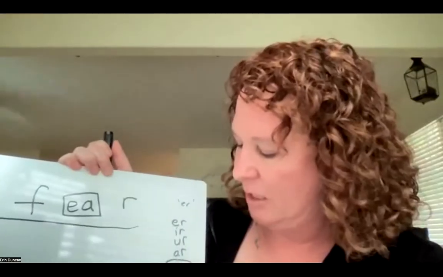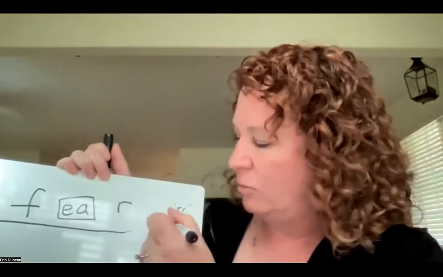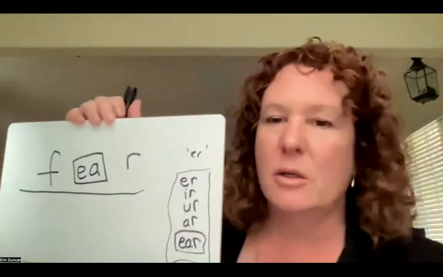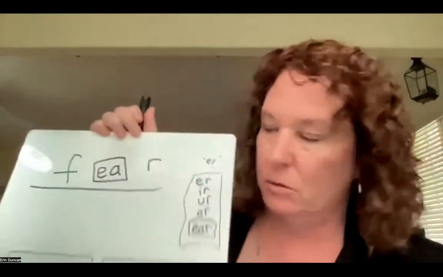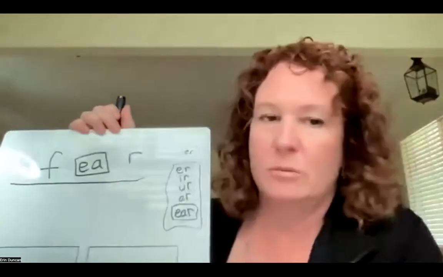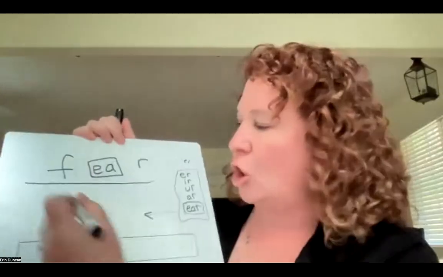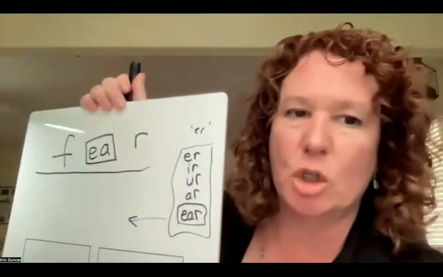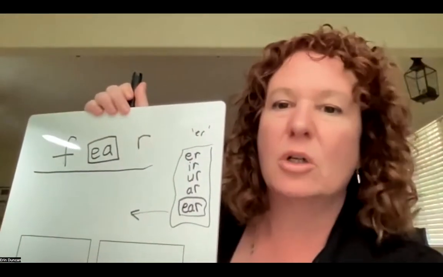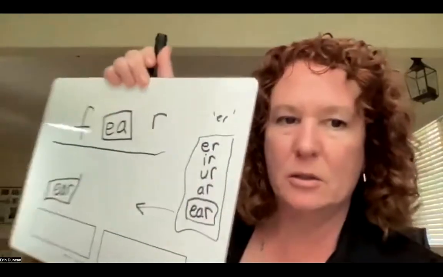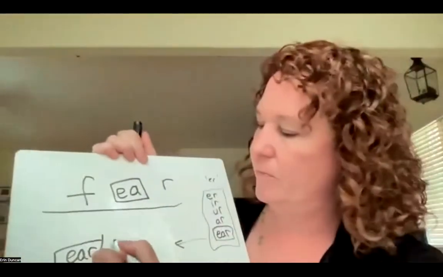This, in this case, is being shown as a representation of a different sound. There is no such sound in fear. What this one is showing is a word like earth. What's the first sound in earth? And this is the representation of that sound.